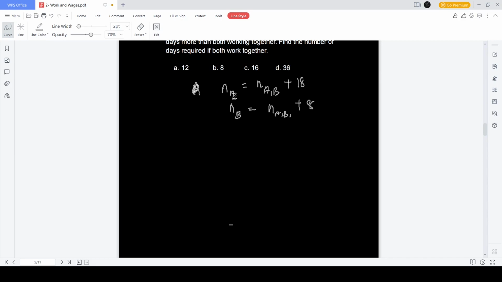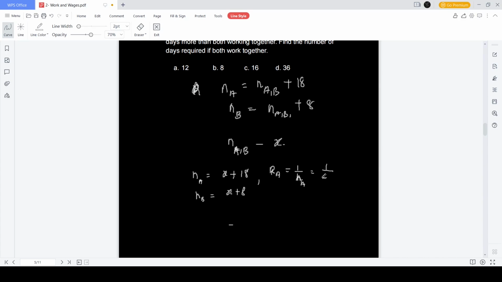What we do is, we consider the number of days A and B both take as x. Okay, so we get n of A is x plus 18 and the number of days B takes is x plus 8. So we know rate of A is nothing but 1 by the number of days A takes to complete the job, right?